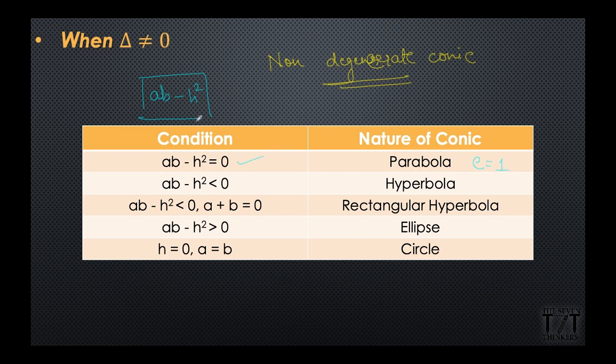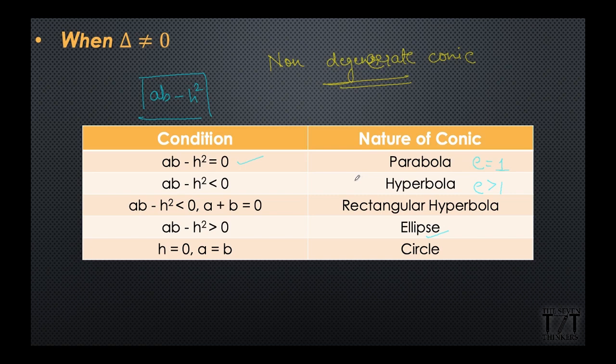So just equate AB minus h square to 0. For hyperbola, e is greater than 1. So the greater sign has the opposite, less than. So AB minus h square is less than 0. And similarly, for ellipse e is less than 1, AB minus h square is greater than 0.